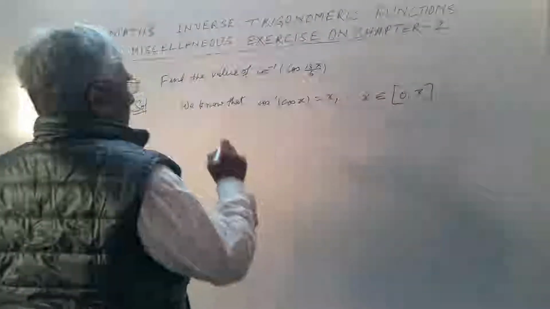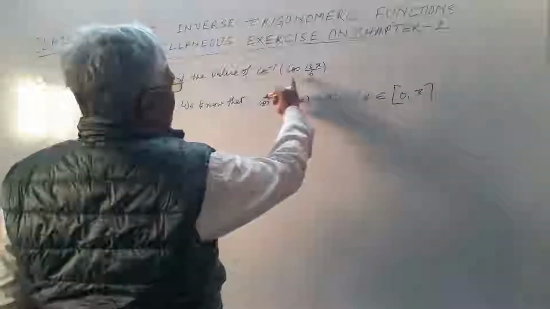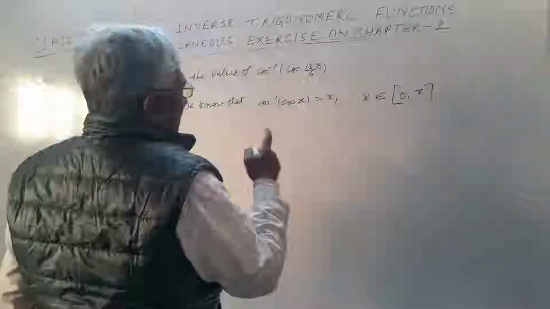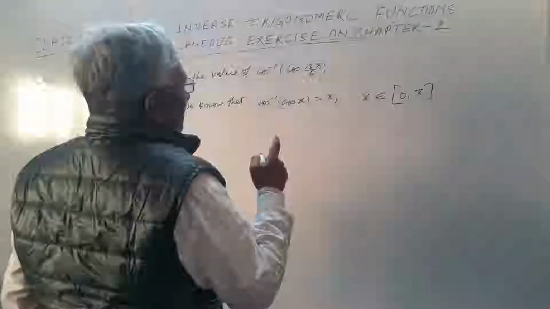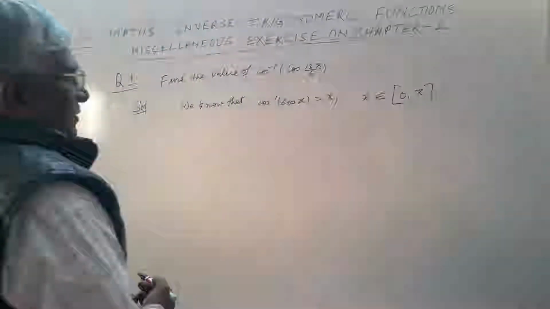Now we are having this value, 13 pi upon 6, which is beyond this limit.